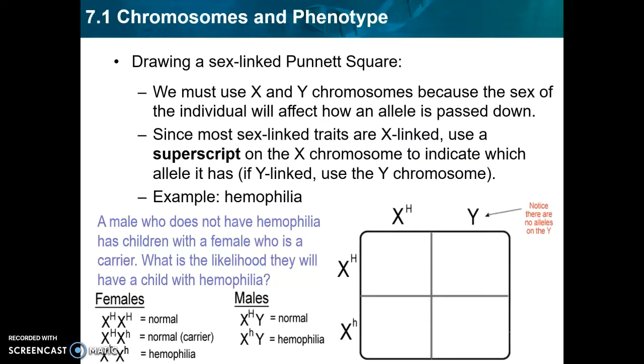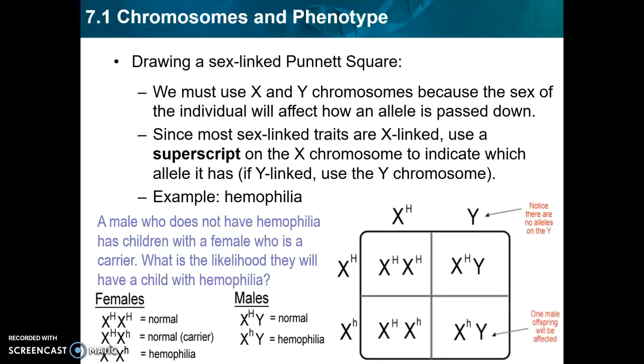And we know from the question that we are going to have a female who is a carrier. So you can look over here at our list of genotypes. The carrier is heterozygous. So one of her X's has a capital H, one of her X's has a lowercase h.